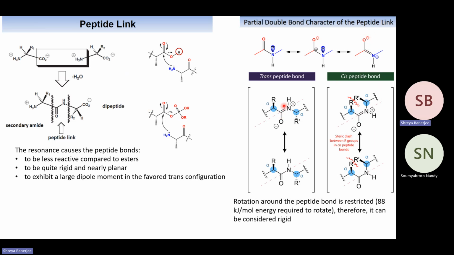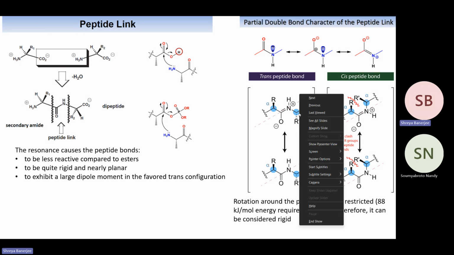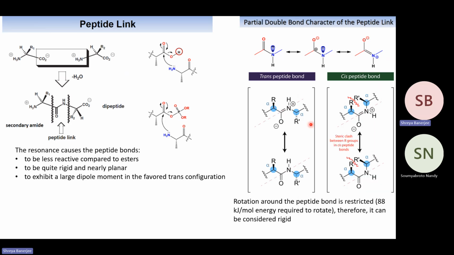So you can see the peptide bond, here the two groups shown by the blue circles are on opposite sides. So this is a trans peptide bond. And if the two groups are on the same side, it is a cis peptide bond. In general, the trans peptide bond is sterically preferred, because in the cis peptide bond, you can see there is a steric clash.